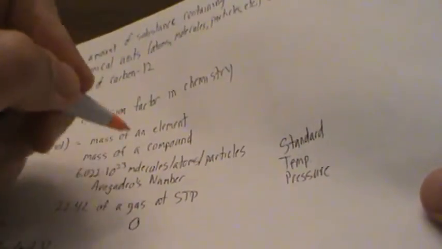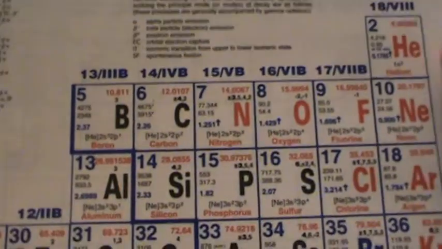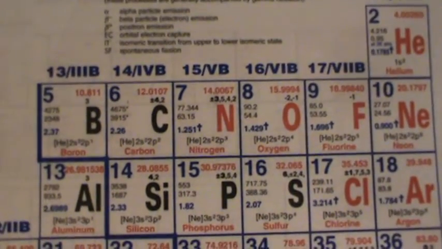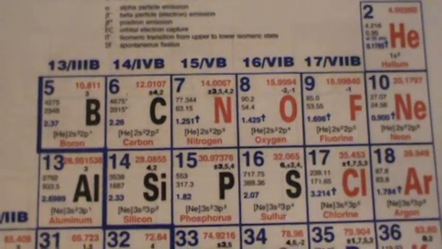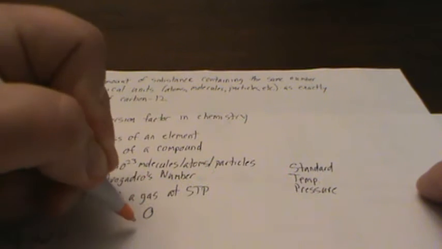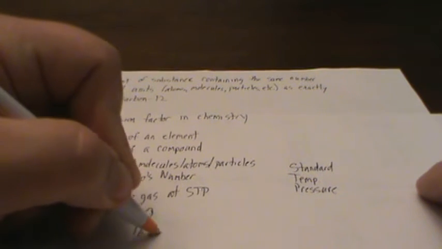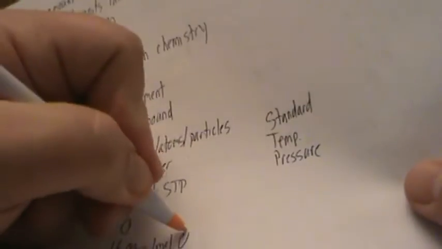Or if we look at oxygen, oxygen's mass is 15.9994. If we round, we just round up to an even 16. So 16 grams is equal to 1 mole of oxygen.